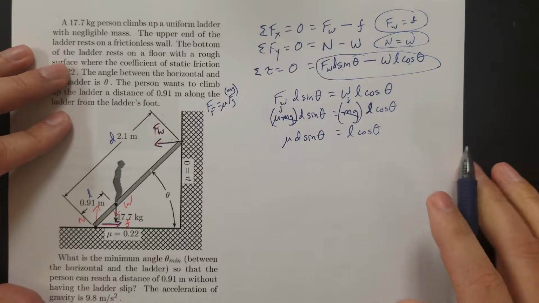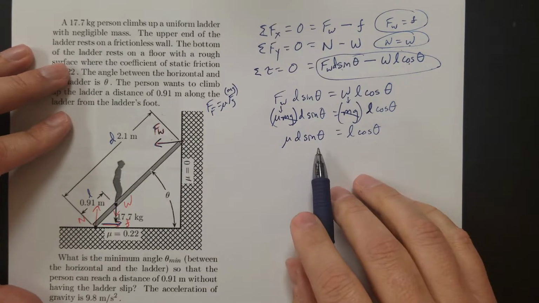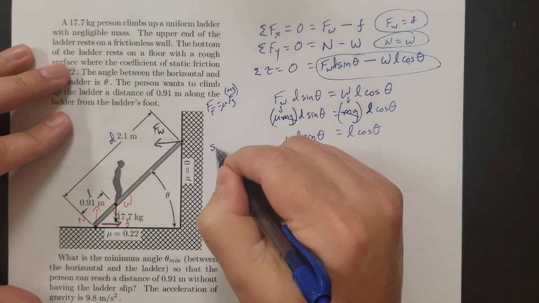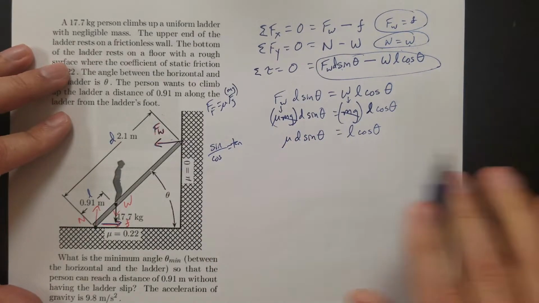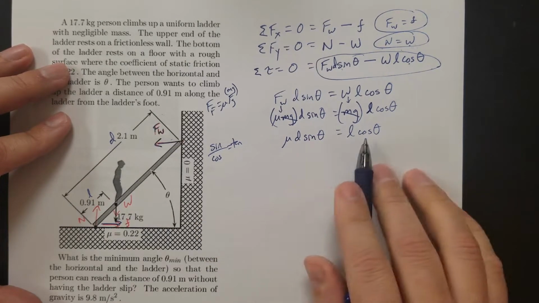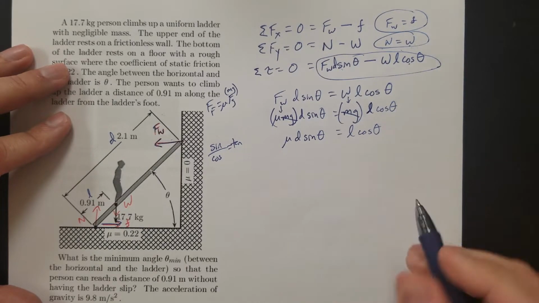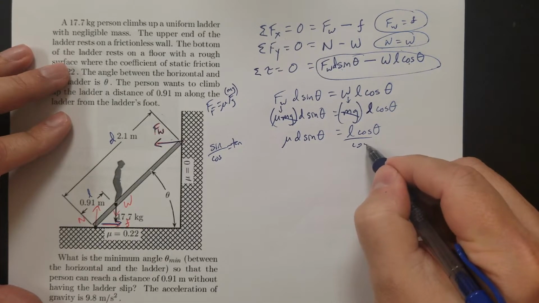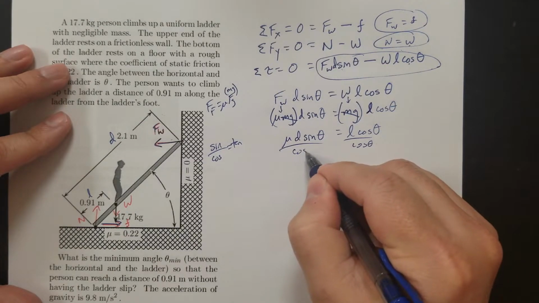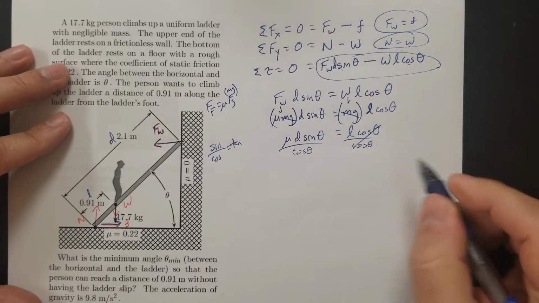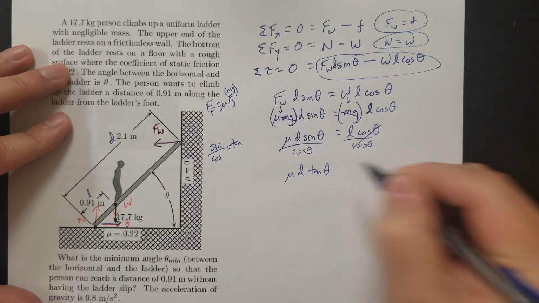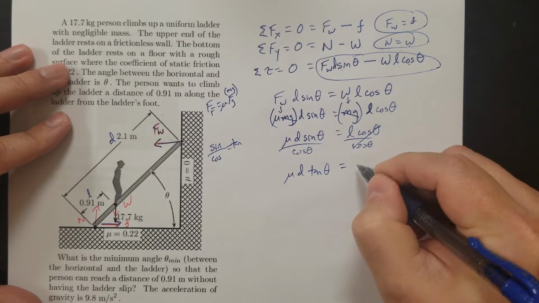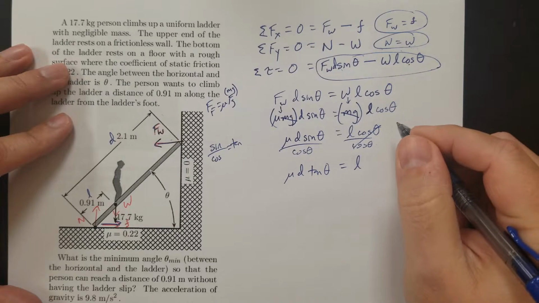Oh, look. So, okay. So I know sine over cosine, right, from before. Sine over cosine equals tangent. That's a trig function. So if I can get the cosine over under there, then I can get tangent theta, right? So if I divide both sides by cosine theta, it's going to go away over here, and I get mu d tangent theta equals L. Right?